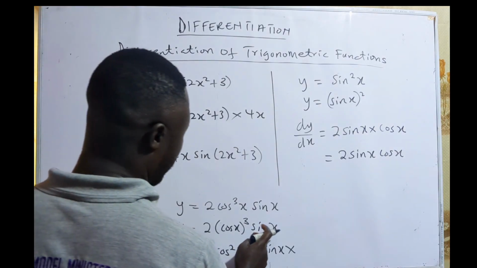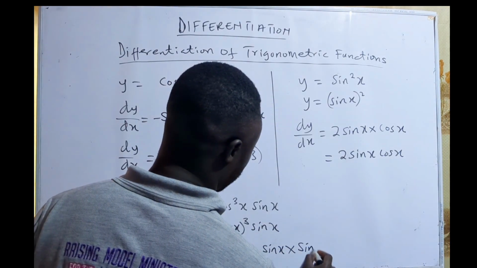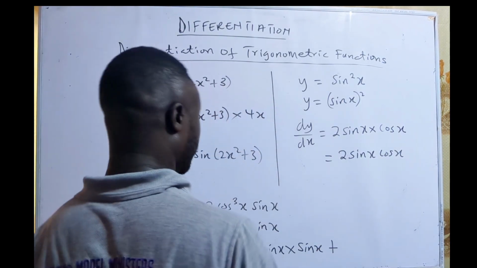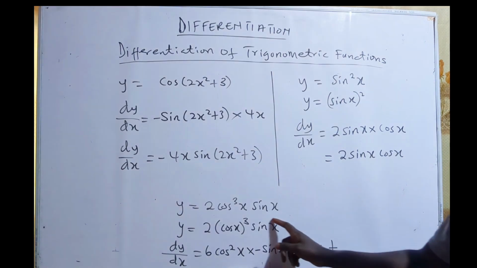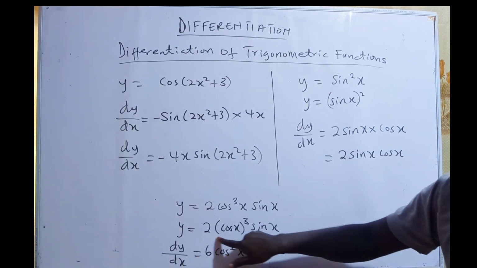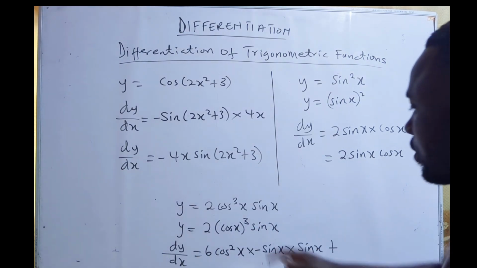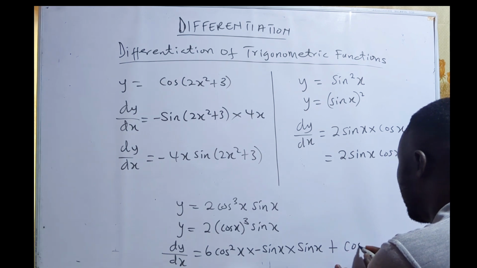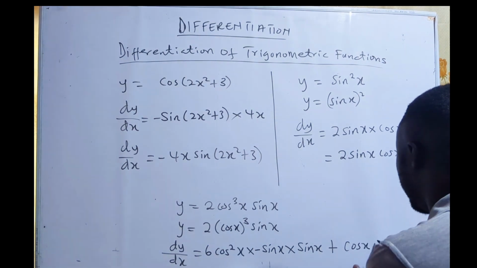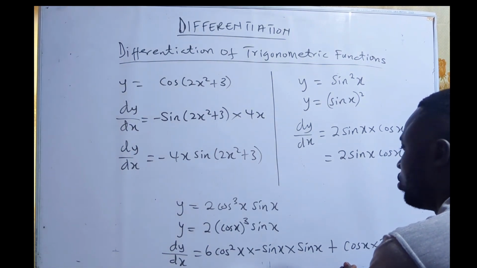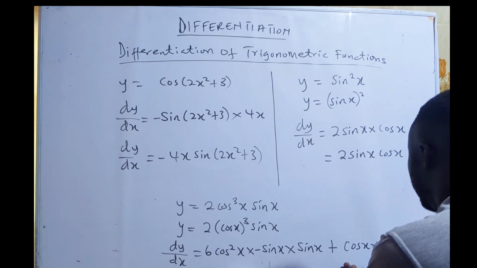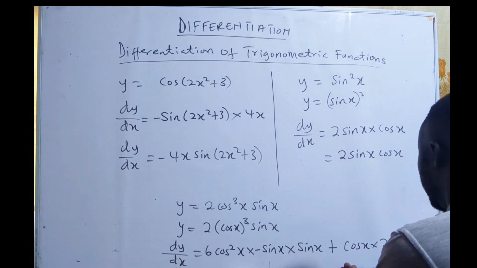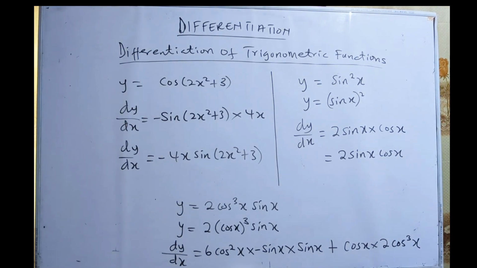So now I multiply by the sine x, plus, then I also come and differentiate sine x, then I multiply by this one. What is the differentiation of sine x? That is cos x. Then I multiply by 2 cos cube x.